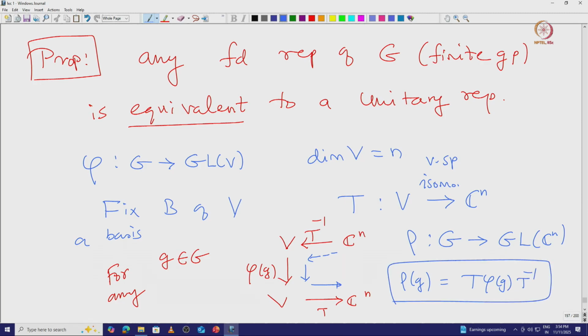So, this is how we pull back the action of G to Cn. Now, because this is done by fixing the basis, that means fixing the coordinates, these two representations are by definition equivalent.